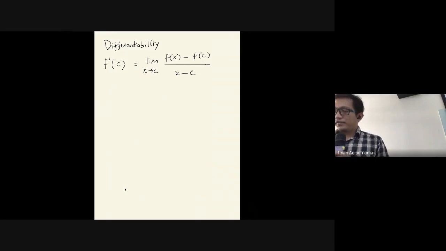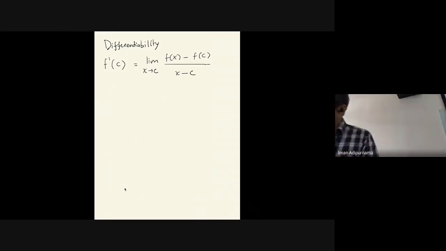So first, I will share differentiability. So let's just write f prime, let's just say c, our number. As our limit definitions, we can write our limit as this form.